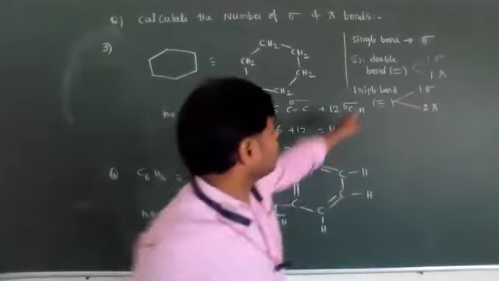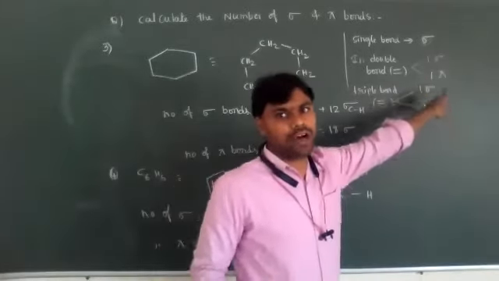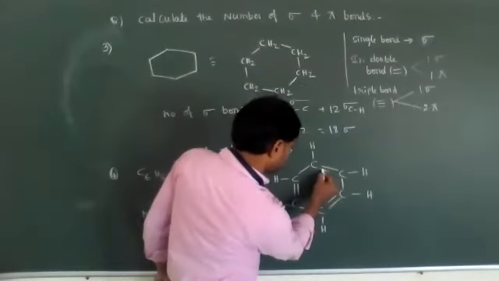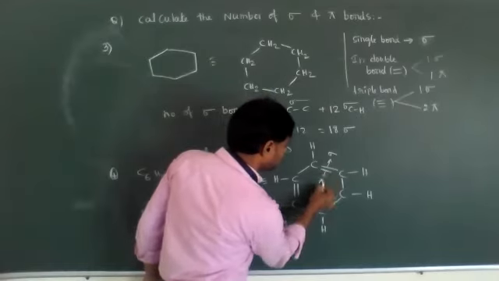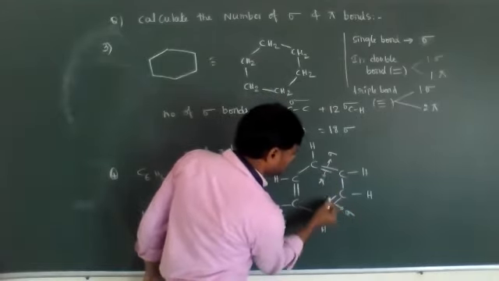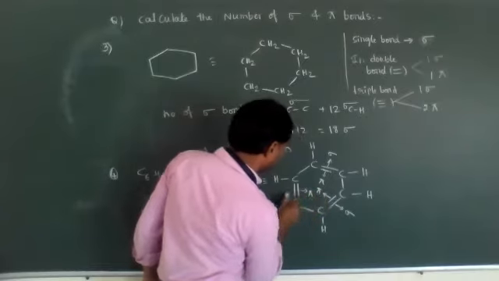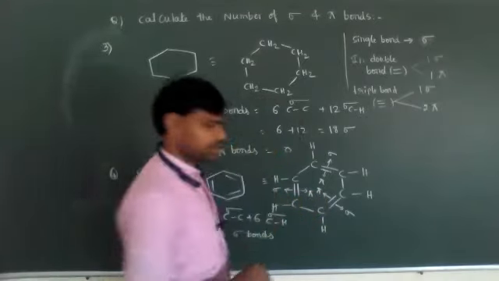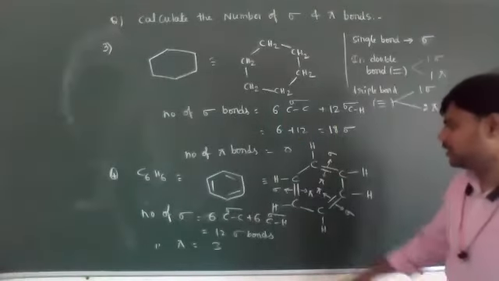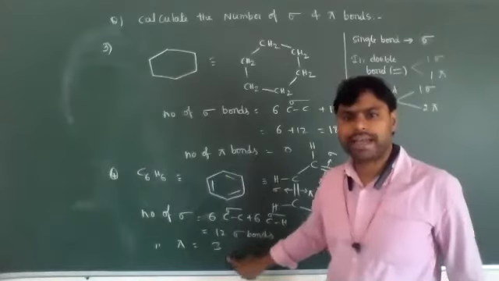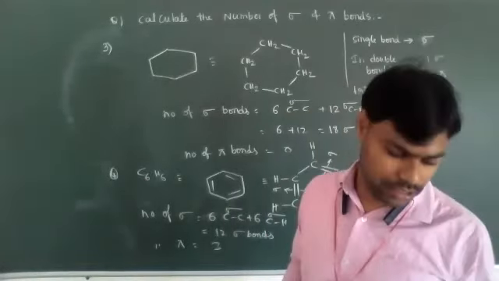Double bond means what I said, 1 sigma and 1 pi. Triple bond means 2 pi bonds and 1 sigma. See, this is sigma, this is pi. This is sigma, this is pi. This is pi bond, one is sigma bond. So total 12 sigma bonds and 3 pi bonds are present. This is the way for the calculation of sigma and pi bonds.